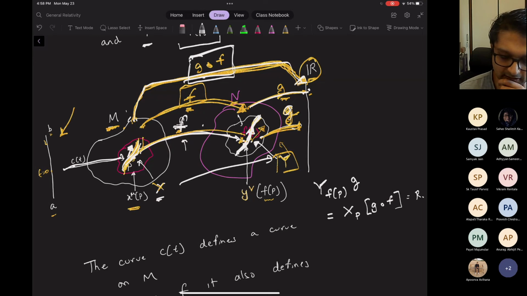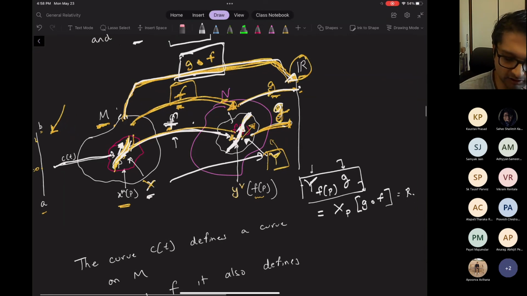And this mapping is basically independent of the choice of g. So this is not a vector, this is a real number. But this is the action of a vector in N on g, and this is the action of a vector in the tangent space T_pM on g∘f.